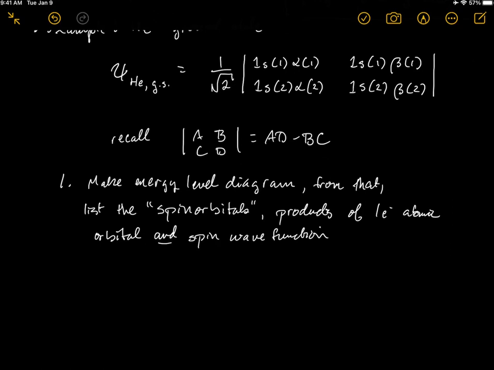So for example, if we have the helium ground state at the lowest energy state, the energy level diagram looks like this. There's just one energy level that has electrons in it, and it's the 1s orbital. It's the energy corresponding to that. And that orbital has 2 electrons in it, one spin up and one spin down. That's the basic energy level diagram, with occupation.